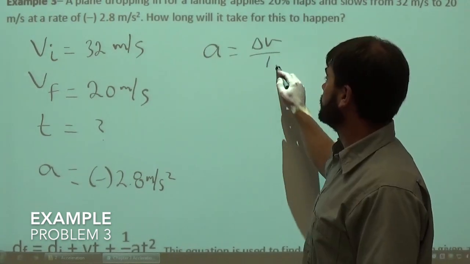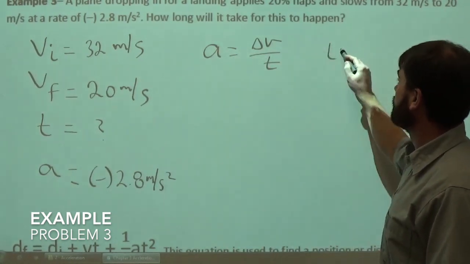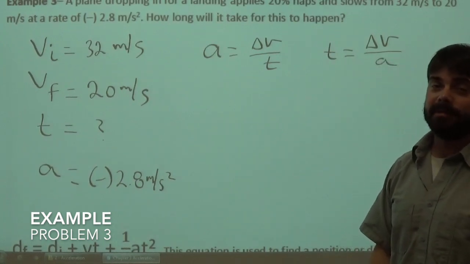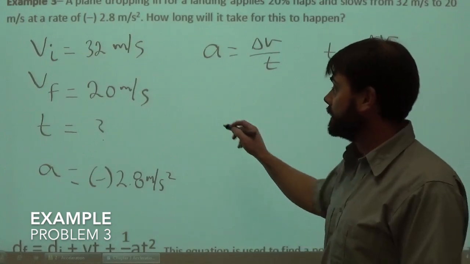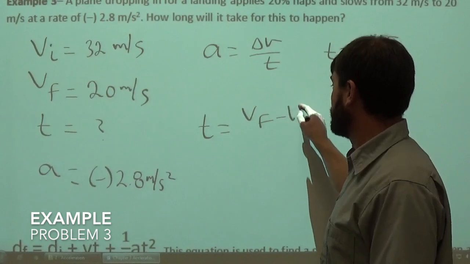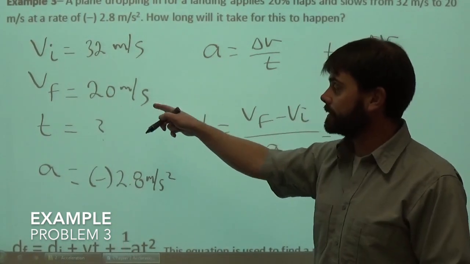So change of velocity over time, we're going to be solving for time, so we're going to move this over here. So time is equal to change in velocity divided by acceleration. So it's your base acceleration equation just rearranged. So plug it into the equation that we got: velocity final minus velocity initial divided by acceleration.